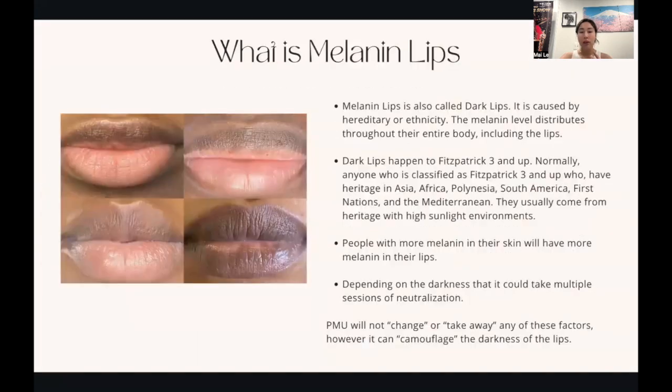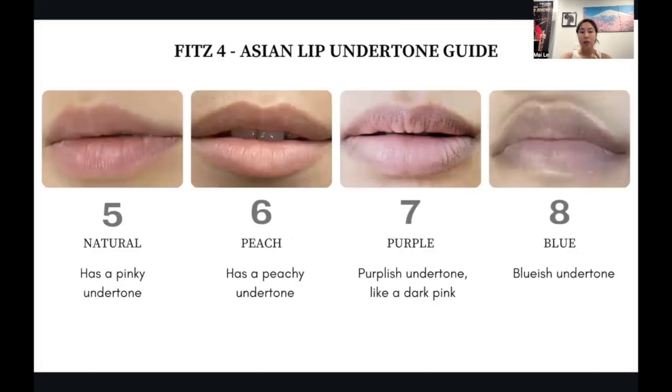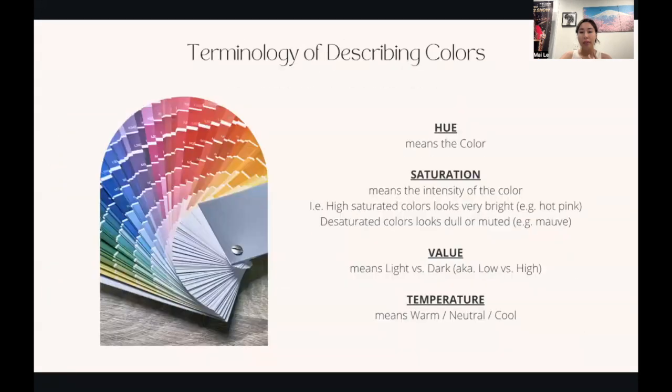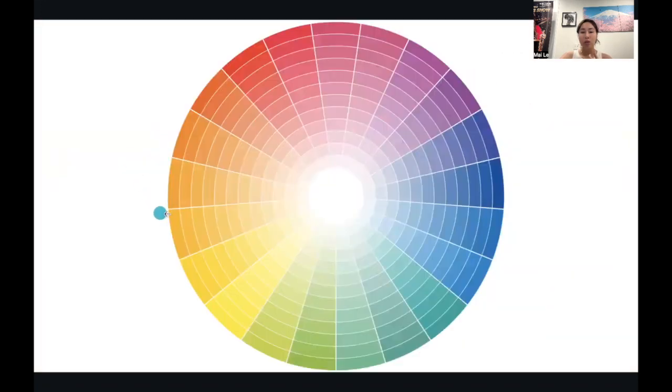Meaning, let's say for this lip right here, number 5, natural Fitzpatrick 4, and let's say she wants to achieve a pink result. I can use one of these colors right here, but if I want to brighten it, I would need to add a little bit of orange in it, right? So that makes it to here, okay?